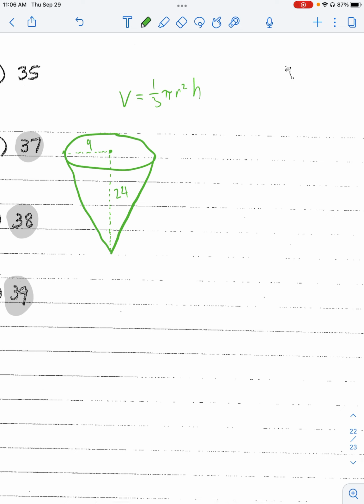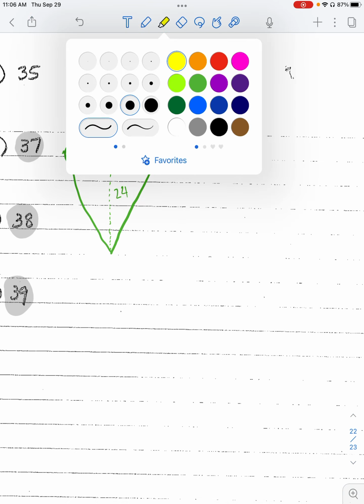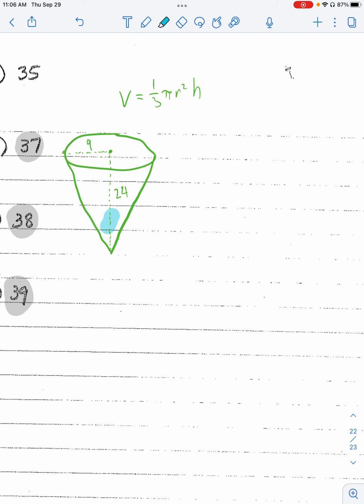Initially this whole thing is filled with water, so the total volume of water I start with is just the volume of this cone. Let's say V start is going to equal 1/3 times pi times 9 squared times 24. Let's put that in my calculator.